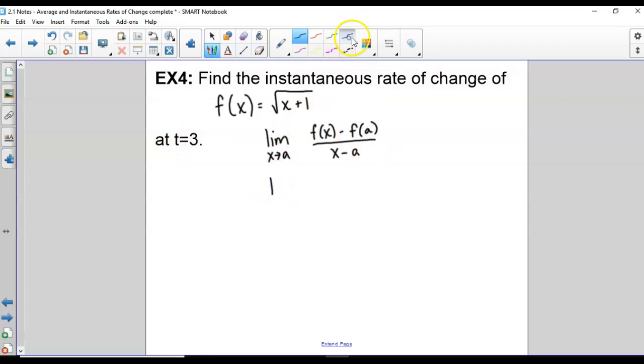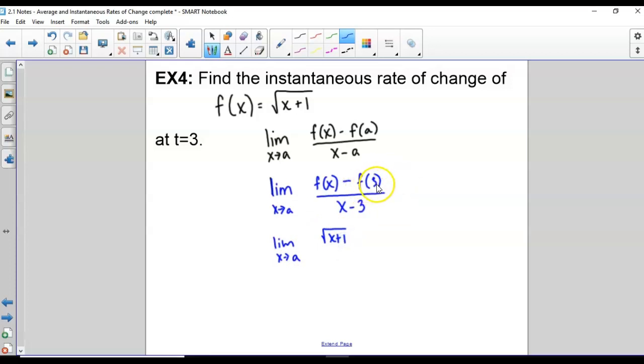So we would be finding the limit as x approaches a of, right now I'm just going to stick with f of x notation, but in a minute I'm going to replace that. We need to plug in for our f of x. F of x here is just the equation, the square root of x plus 1.